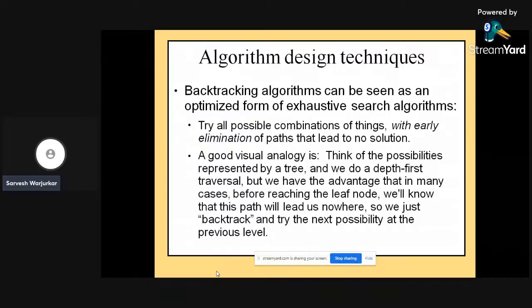Next, the backtracking algorithm is applied to some specific types of problems: decision problems, used to find a feasible solution; optimization problems, used to find the best solution, and the best example of this I can give you is Sudoku; and enumeration problems, used to find all the feasible solutions of the problem.